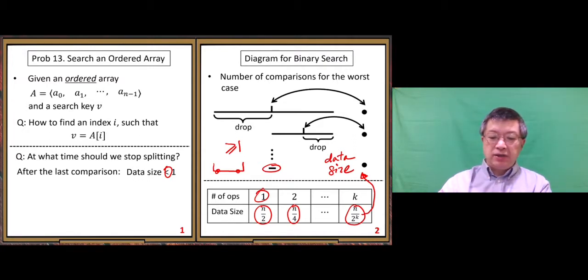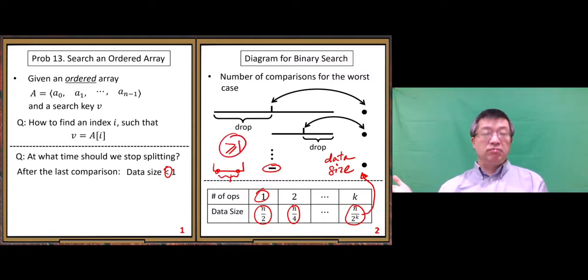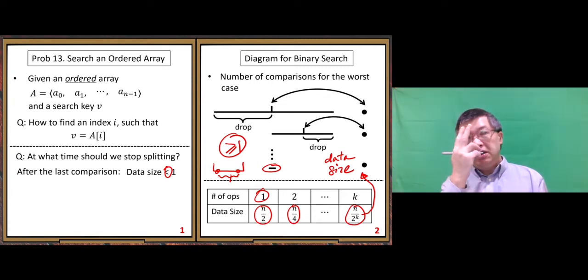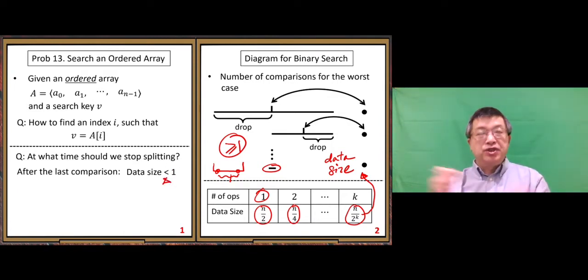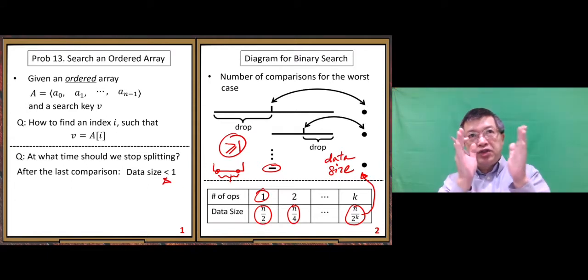Because the distance between two elements is 1. But now your size is greater or equal to 1, so there is a possibility you cover at least 2 elements. The possibility is not 0, so we should consider it. But if the data size is required to be strictly less than 1, then there is no chance this data size can cover 2 elements.